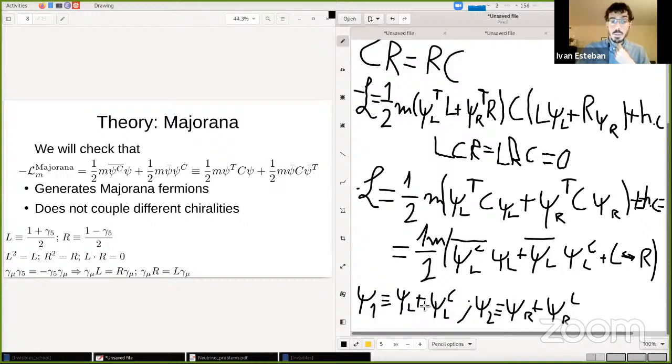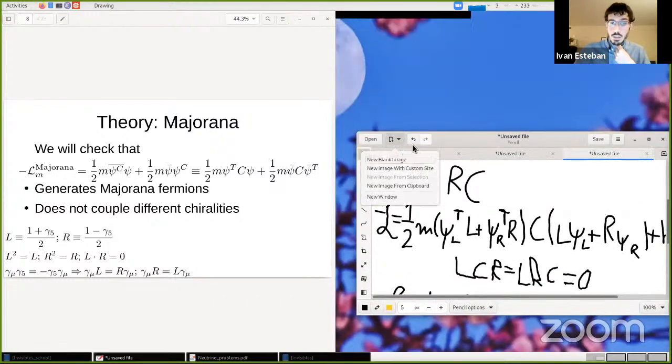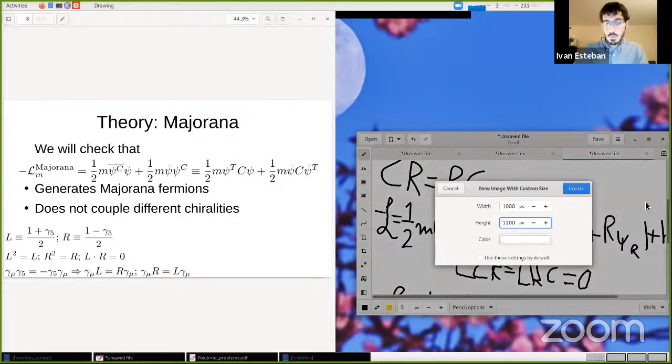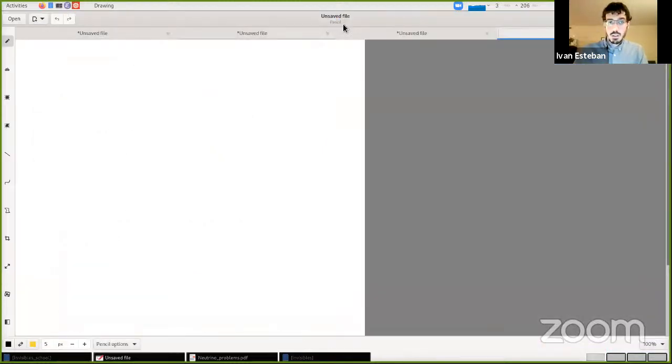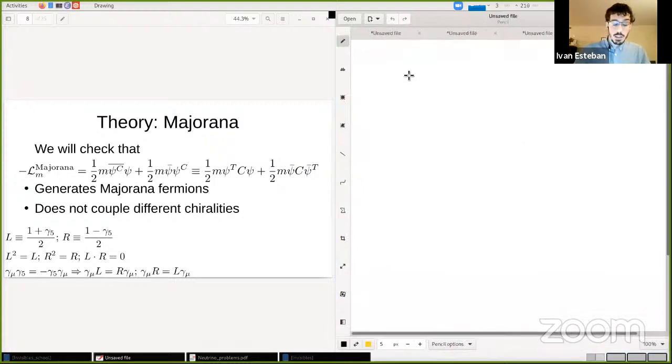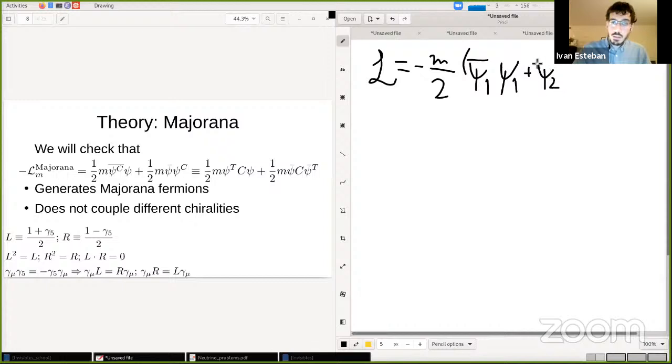And in terms of psi1 and psi2, this Lagrangian here is nothing but minus m halves, psi1 bar psi1 plus psi2 bar psi2.